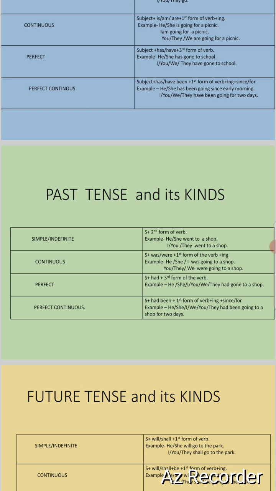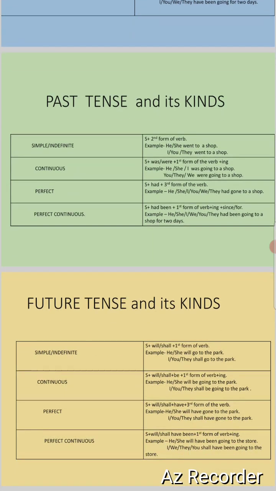For example, he, she, I, we, you, they, any of these singulars or plurals, we use had been going to a shop for 2 days. For, because here the period of time is included.